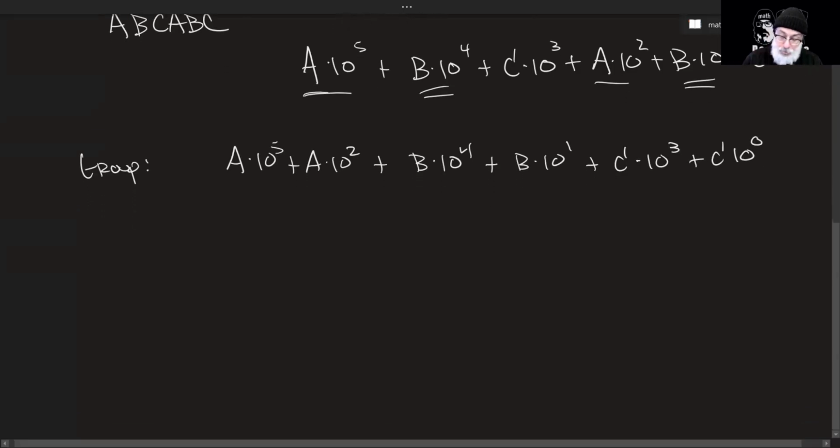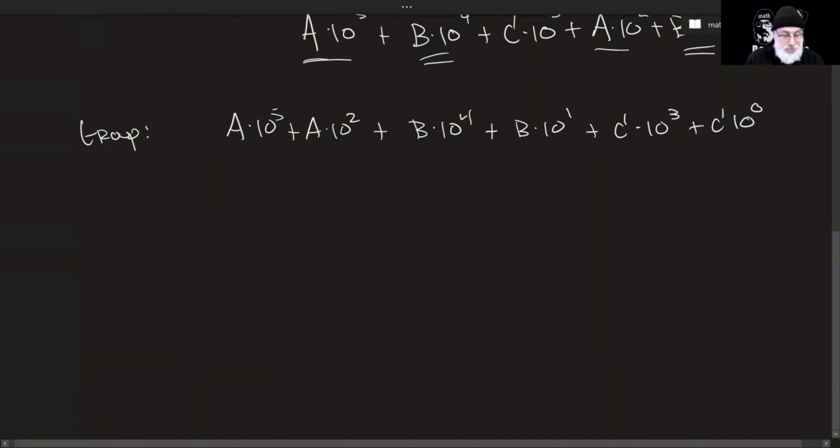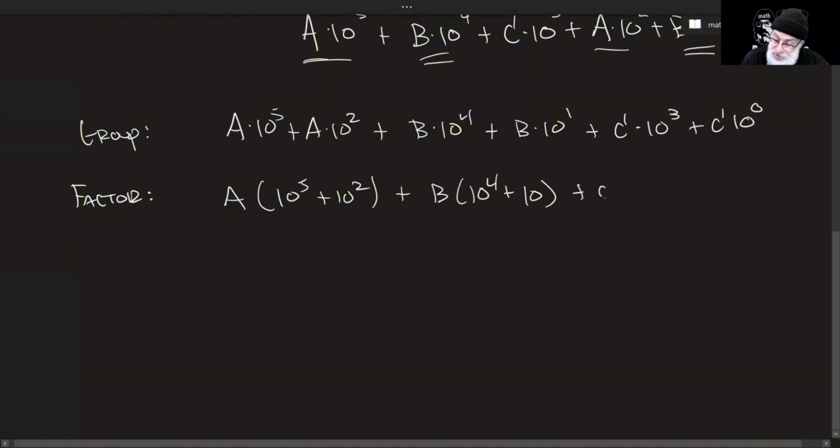Okay, so now we're just going to factor, right? We're going to factor out the A, B, C. So we have A times (10 to the 5th plus 10 squared) plus B times (10 to the 4th plus 10) plus C times (10 to the 3rd plus, now 10 to the 0 is just 1, so this is 1).